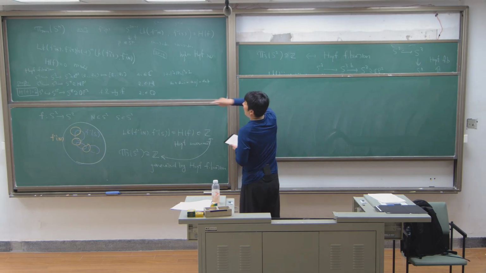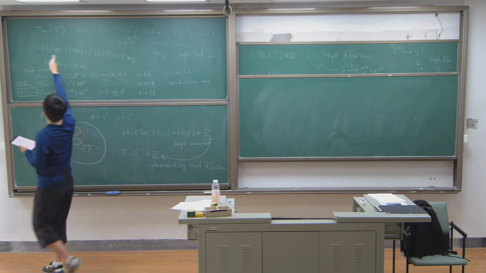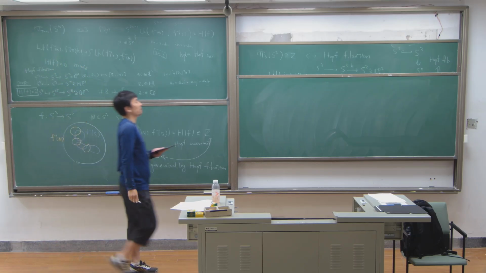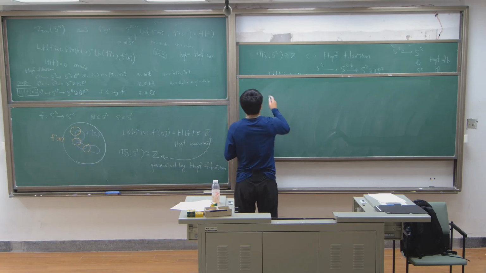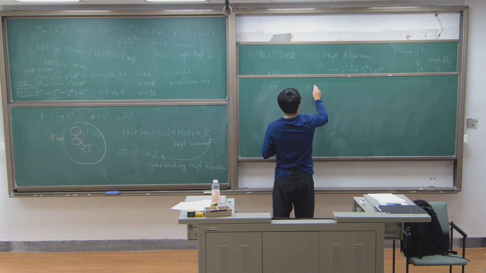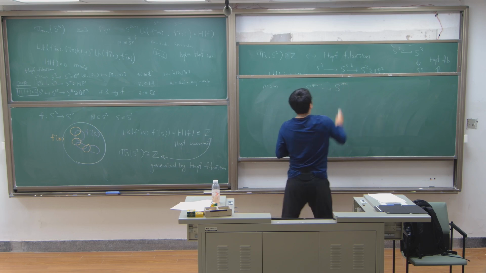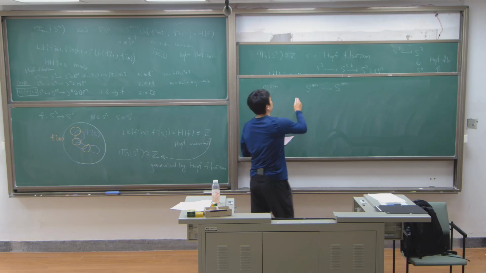So for other even n, Hopf invariant is 0 if n is odd. So therefore n is even. So if you plug it in here, S 4m minus 1 is mapped to S 2m, and this is f.